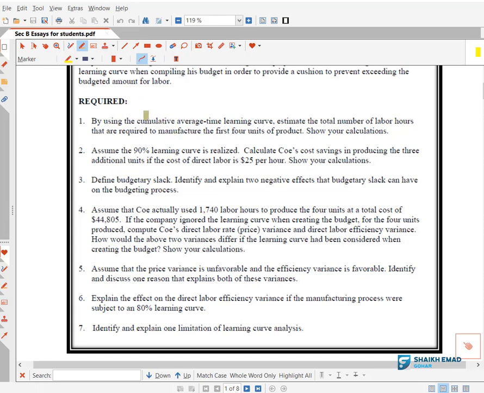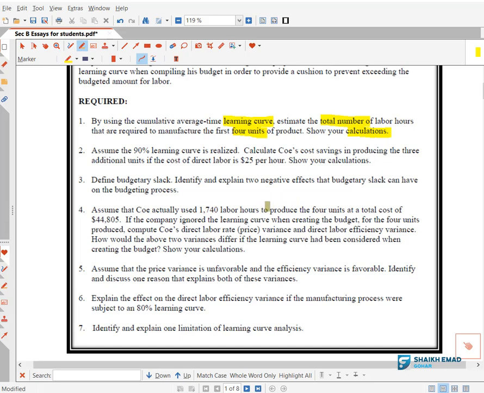Okay, so what is requirement number 1? They say by using the cumulative average time learning curve, estimate the total number of labor hours that are required to manufacture the first 4 units of this product, and we need to show the calculations also. So from here you got to know the question is on learning curve, and we need total hours for 4 units.